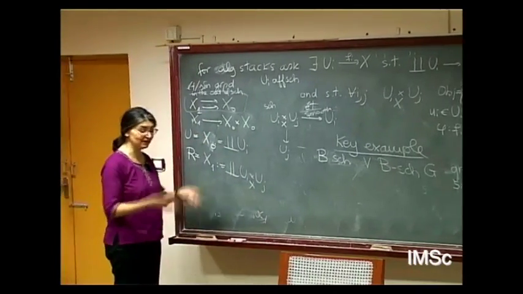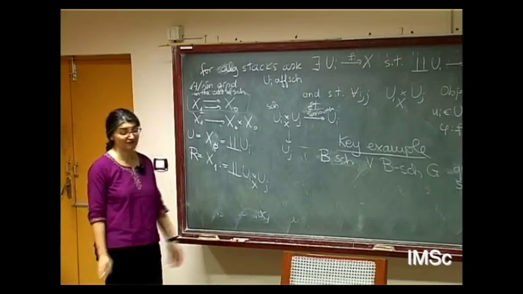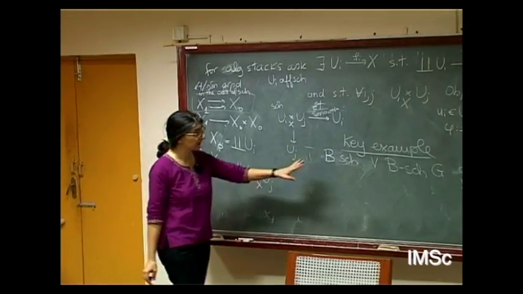In particular, if B is Spec C, then definitely every group scheme will be smooth.